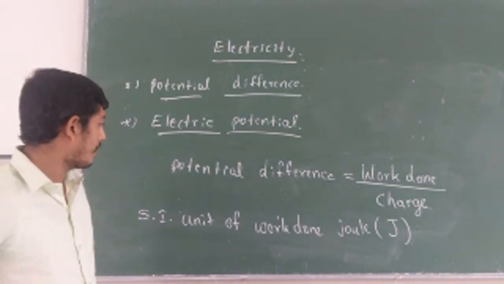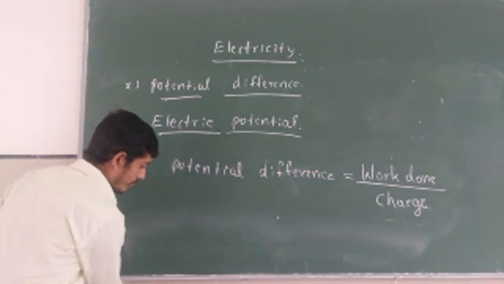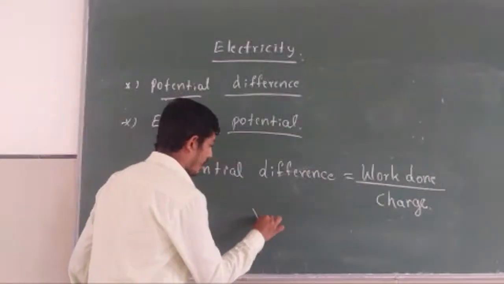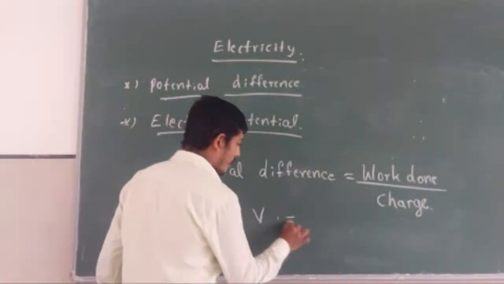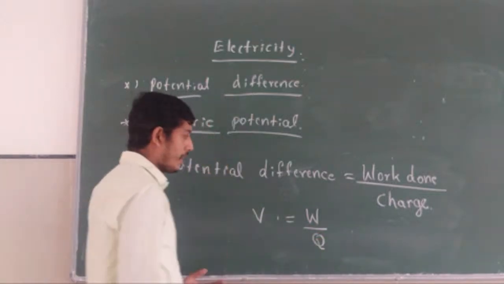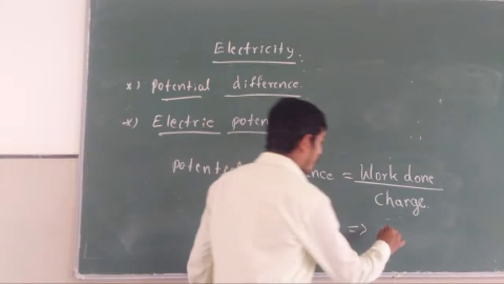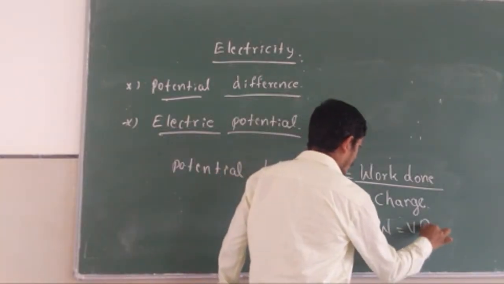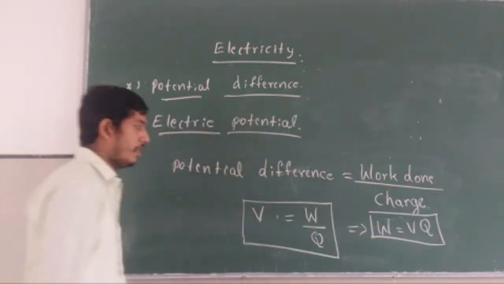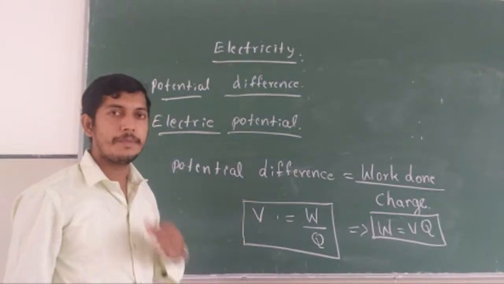So based on this formula, we can write the potential difference with the letter V, work done with the letter W, and charge with the letter Q. After rearranging, when we do the cross multiplication, it becomes W equals V into Q. So these two formulas are important.